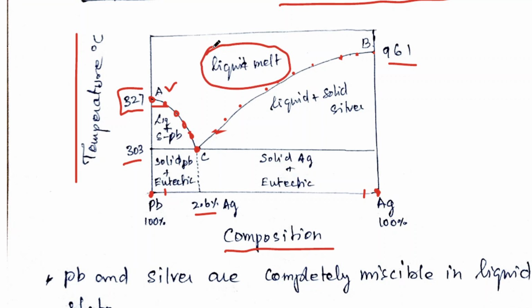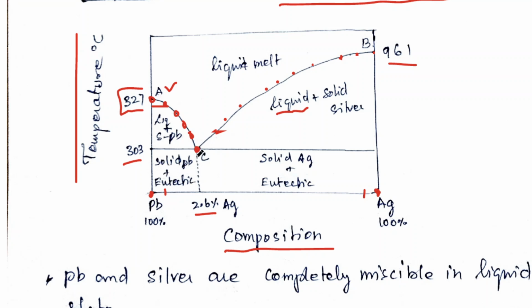In this area, there will be liquid melt and solid silver. And in this area, there will be liquid melt and solid lead. Below the eutectic point, everything exists in the form of solid: here there will be solid silver and eutectic mixture, and in this area solid lead and eutectic mixture.